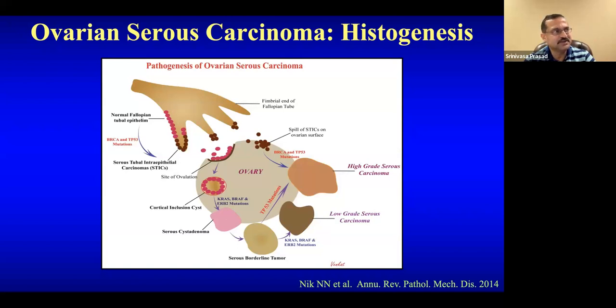So many of these patients with hereditary syndromes would undergo prophylactic salpingo-oophorectomy, and the pathologist would look carefully at the ovaries to try to understand the pathogenesis of these high-grade serous cancers in order to identify precursor lesions and other things, but they were largely unsuccessful.